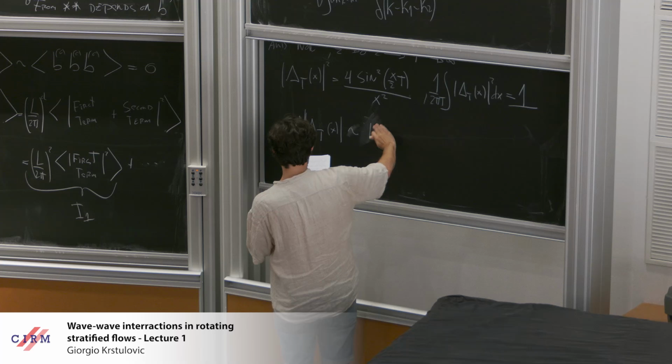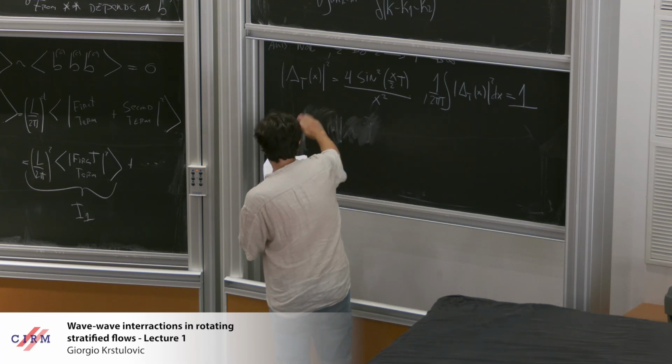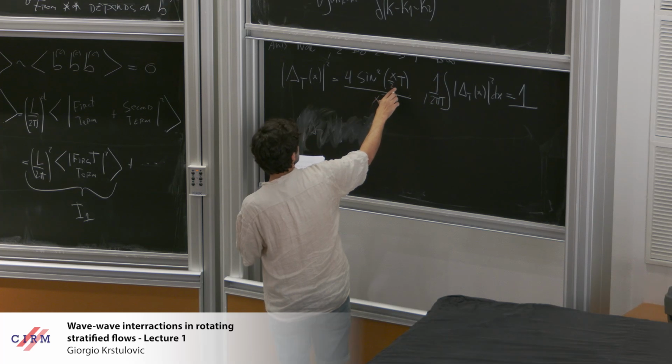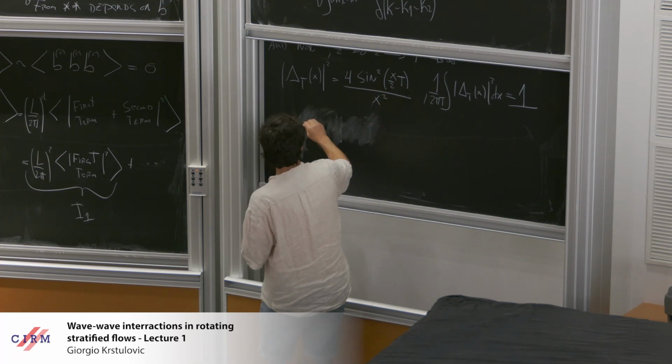Wait, I'm a bit lost. If I take it at x equal to 0, this is t squared.